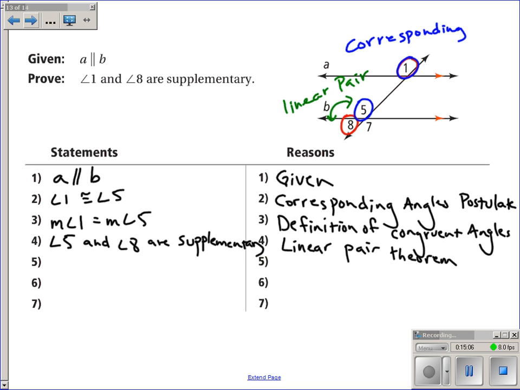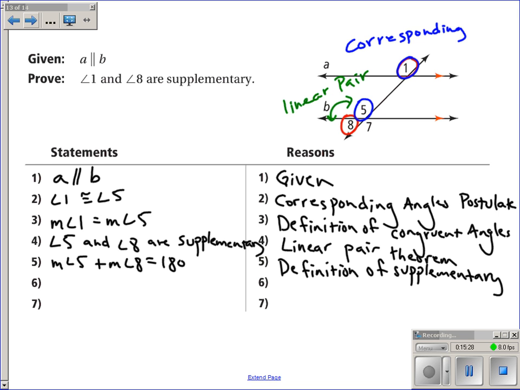Now, what does it mean for 5 and 8 to be supplementary? It means that the measure of angle 5 plus the measure of angle 8 is equal to 180, by the definition of supplementary. Now we have these two statements.